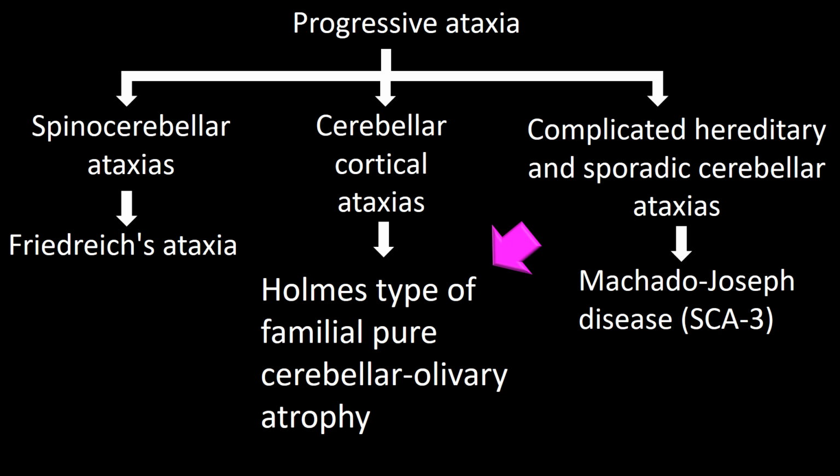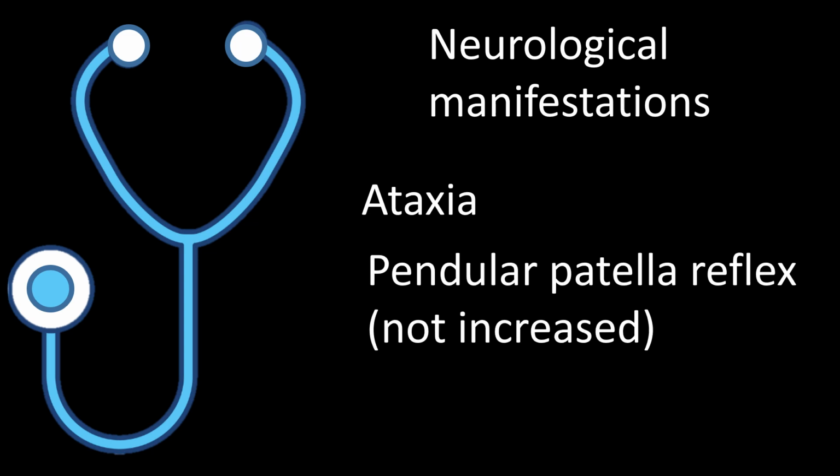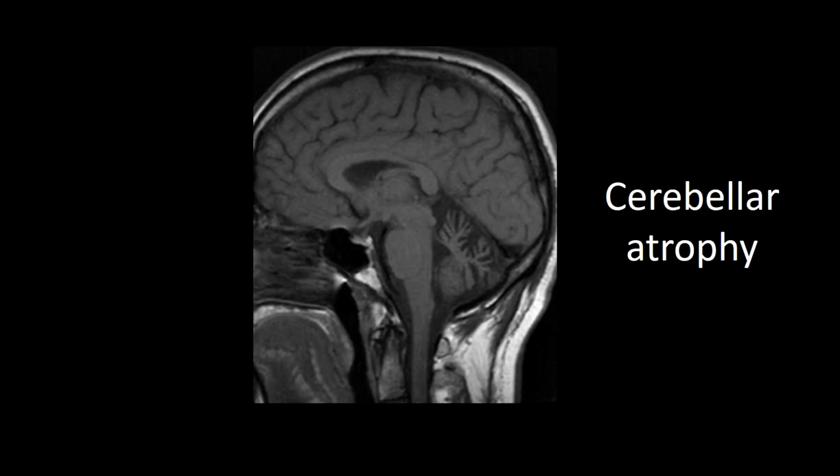The olivary fibers are the source of the climbing fibers entering the cerebellum. The olive is atrophic in this condition. Neurological manifestations are ataxia, pendular but not increased deep tendon reflexes, and no Babinski.